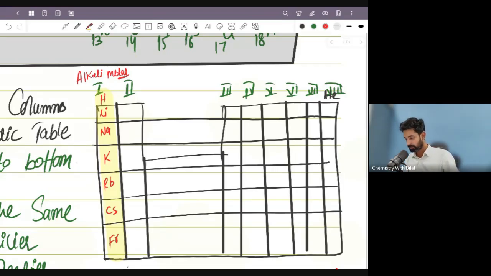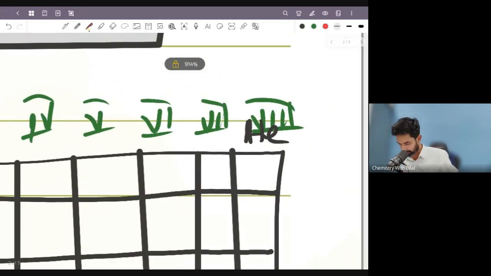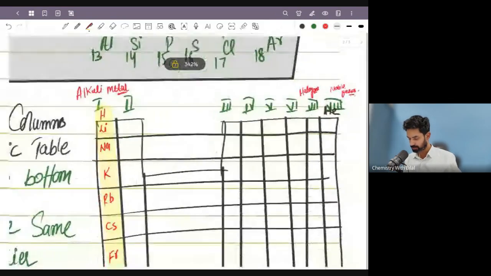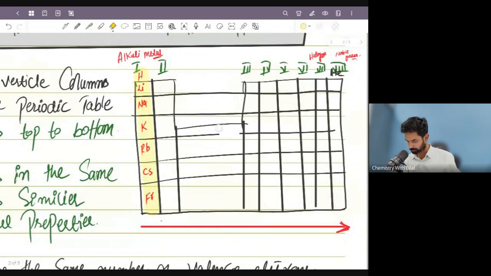Okay. Then group 7 is right here. The family name of group 7 is halogens. And the family name of group 8 elements is called noble gases. And the center of the periodic table, they are known as transition elements, a bit different than simple groups.